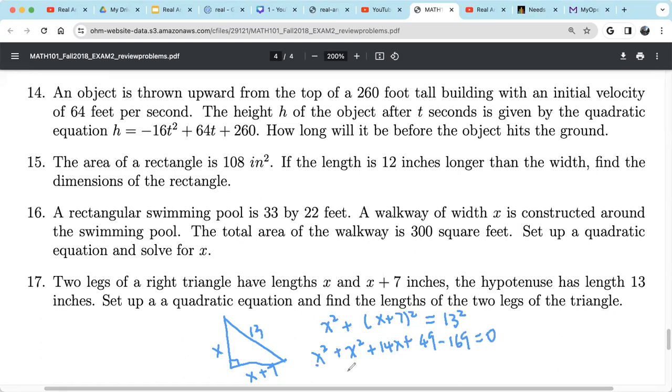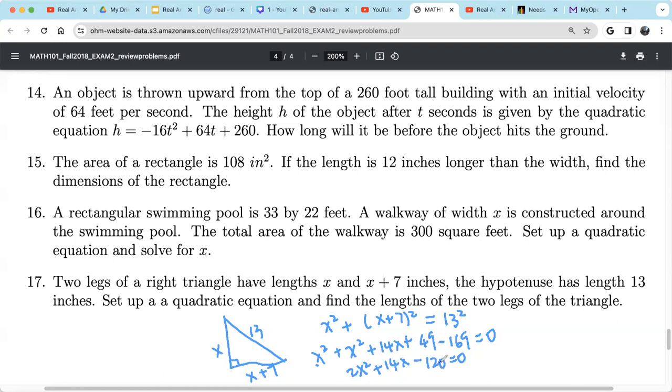2x squared plus 14x, and 49 minus 169 is negative 120.